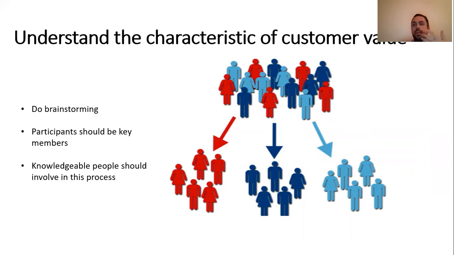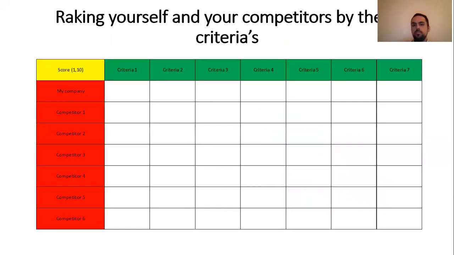We should brainstorm and specify customer value factors. After that, we can design a chart like this and assign a score to our company for those factors, and to our competitors.